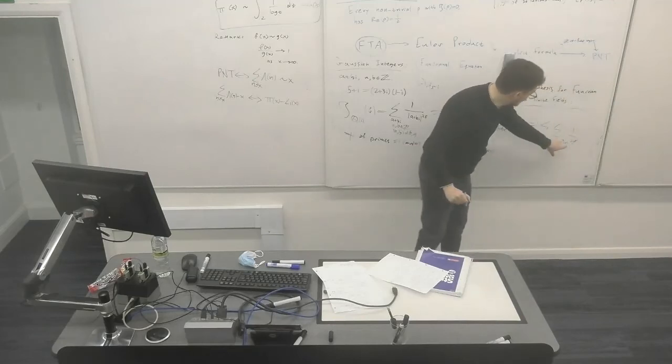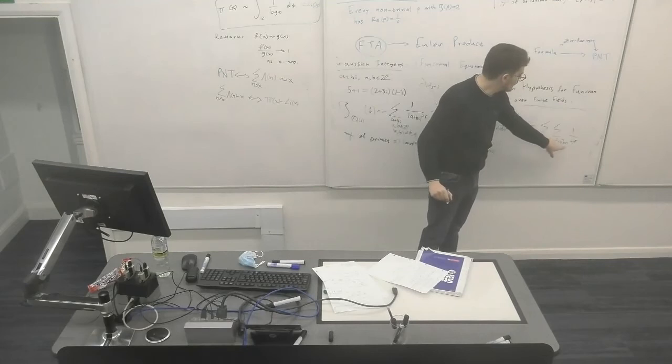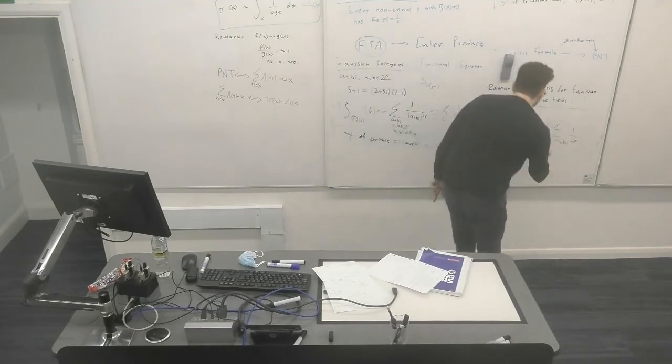Then how many terms do we have here? Exactly the number of ways we can write n as a squared plus b squared.